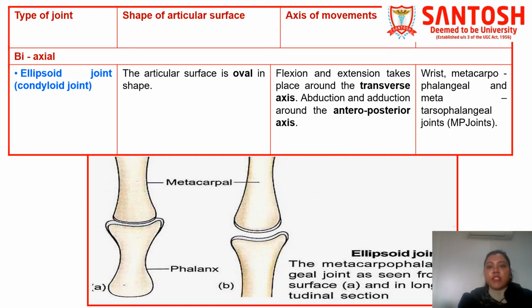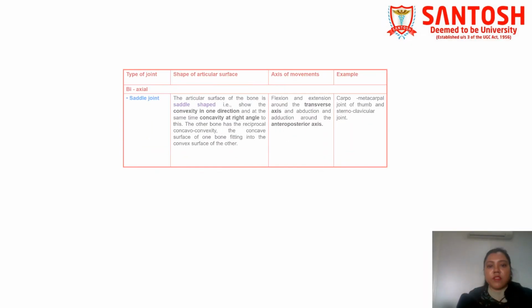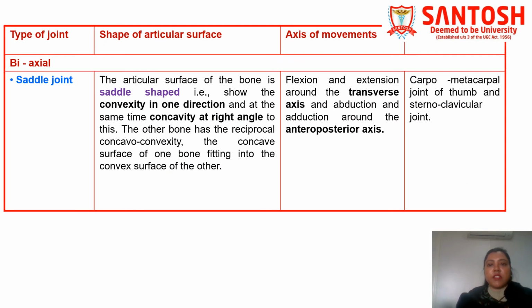Flexion and extension take place around the transverse axis, and abduction and adduction around the anteroposterior axis. Now the saddle joint: the first carpometacarpal joint of the thumb and the sternoclavicular joint are the saddle variety of synovial joint. The articular surface is saddle shaped and fits into the concavity of the reciprocal bone. The reciprocal convex surface fits into the other convex surface of the bone.